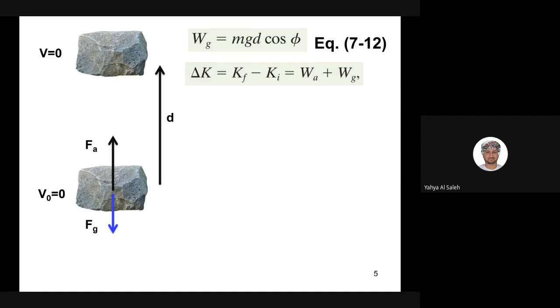What is the final kinetic energy? 0. Initial kinetic energy? 0. Okay, so if the change in kinetic energy is 0, it means that the work I do is exactly minus the work done by gravity. So if gravity is doing work of minus 10, I need to do plus 10 to get it up there. And so on.